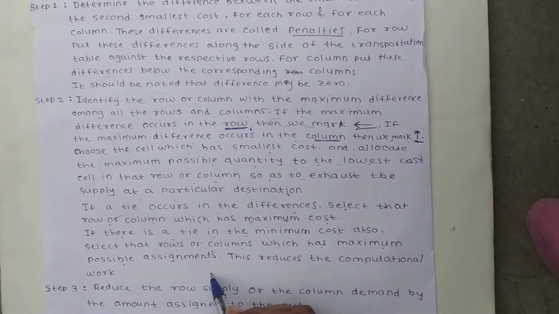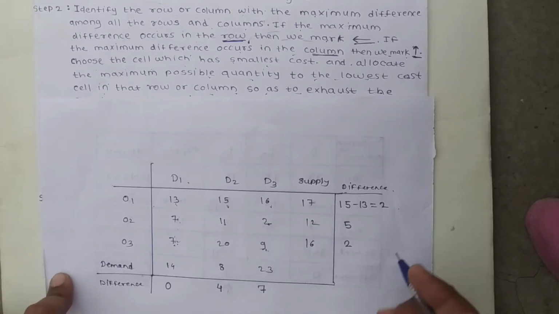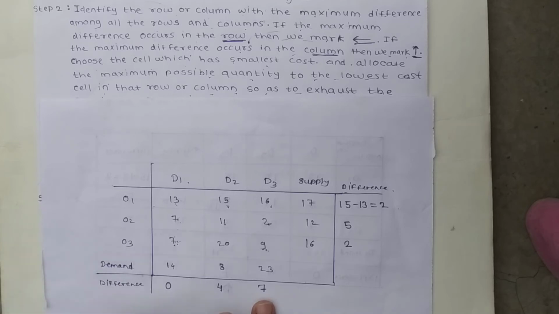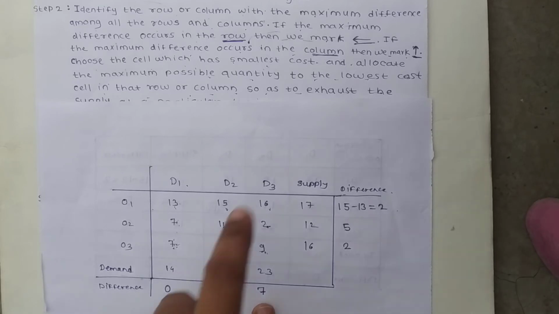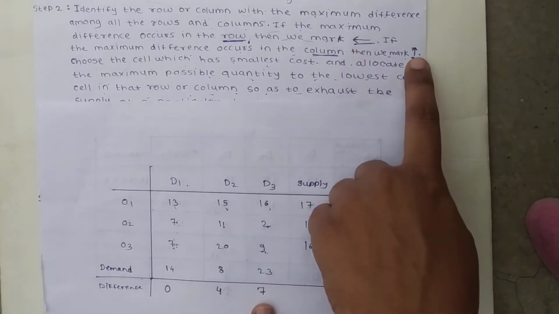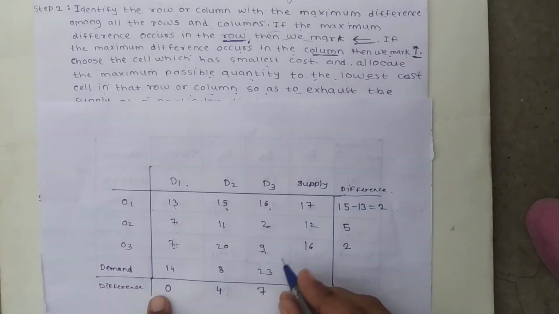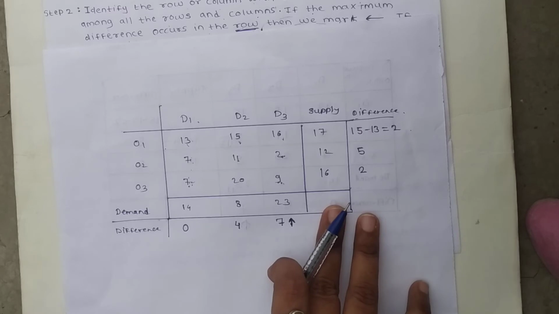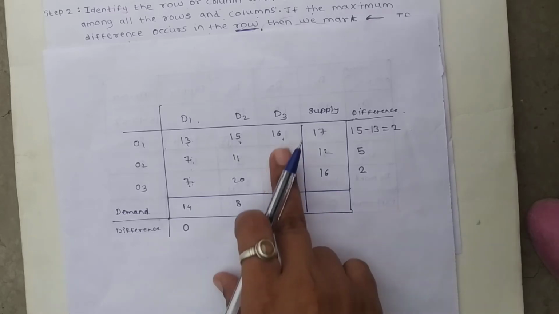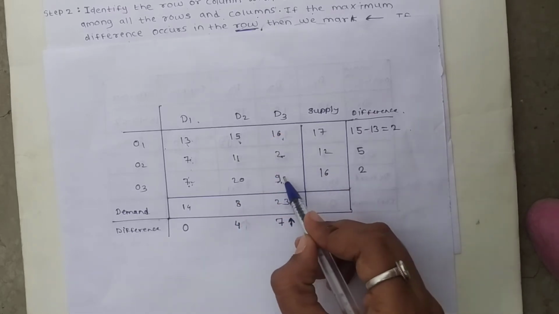So for example, among these differences, select the maximum difference. The maximum is 7. 7 is the difference of a column. So for a column we mark the upper side arrow this way. So we consider this column.